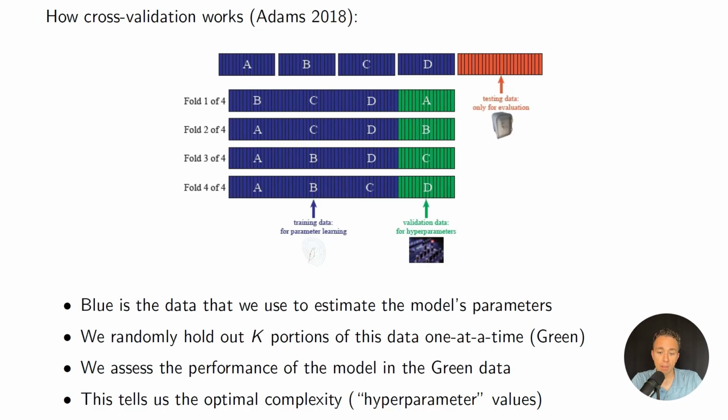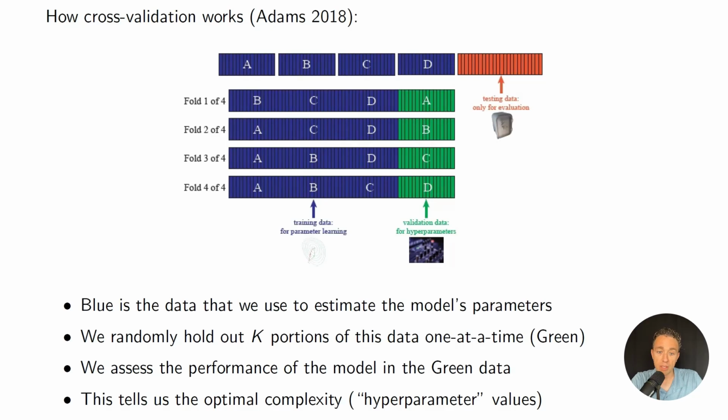And we can try different values of complexity, and the way that we impose that complexity depends on the algorithm we're using. I'll talk about that in just a moment. But we might have some hyperparameters that are going to govern the complexity of the model.